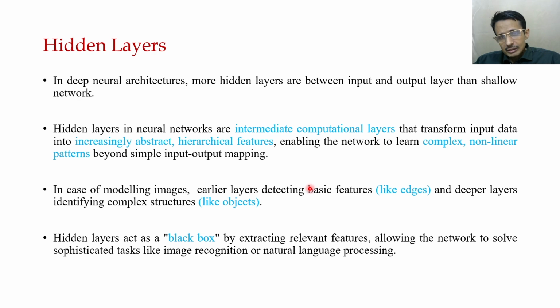For image, the initial layers model the edges, and the deeper layers identify complex structures like objects. For text, the initial layers do letter level or word level embedding, and slowly we go to sentence level, paragraph level, and so on.